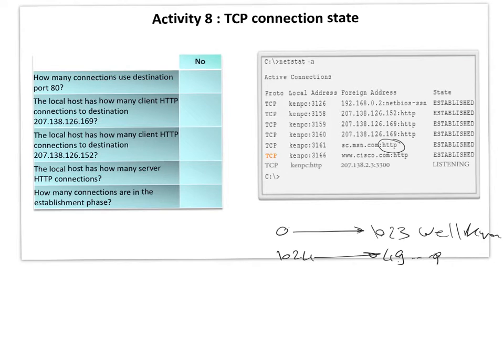This is called registered ports. Registered ports are used also typically for servers or for peer-to-peer applications that are not well known, like for example, messaging and chat services. These are not well known like HTTP.